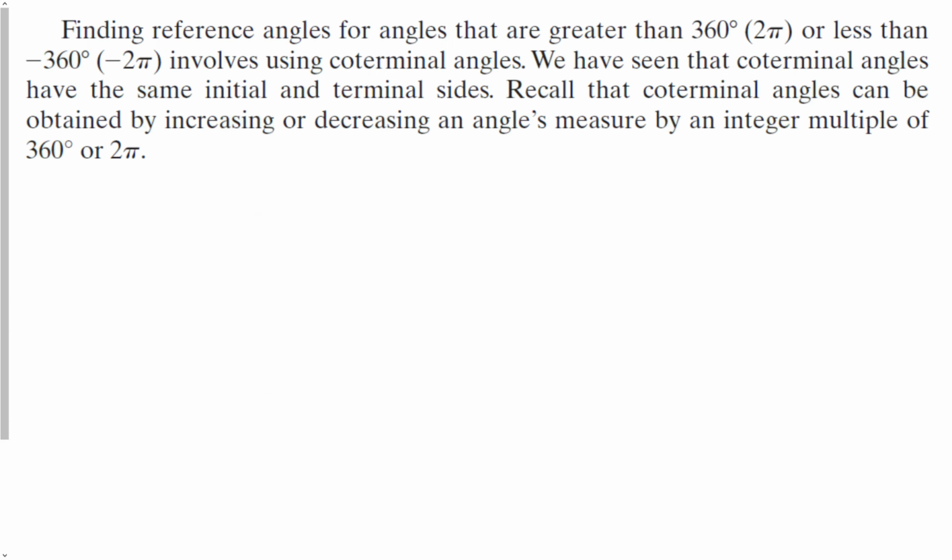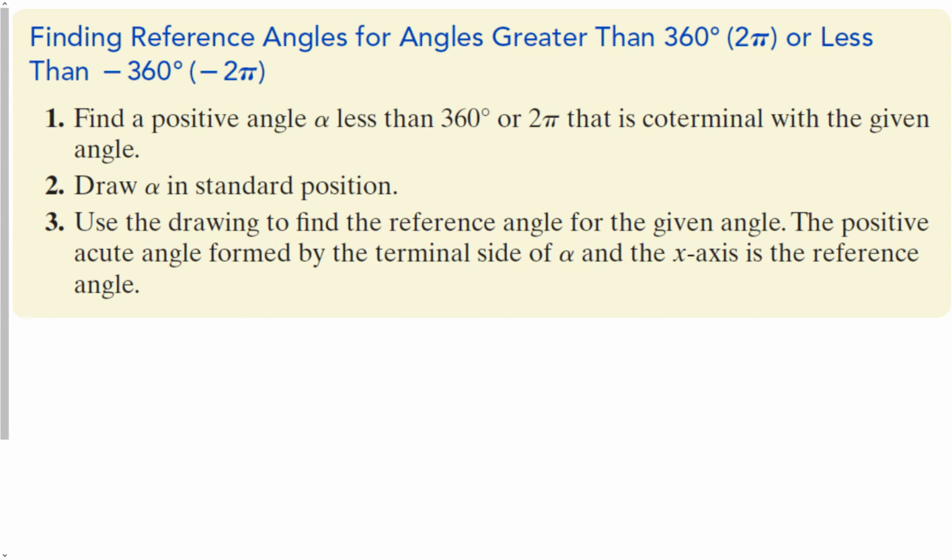To find reference angles for angles that are bigger than 360 or less than negative 360, if we're going the other way, involves finding the coterminal angle. Okay, so we've seen that coterminal angles have the same initial and terminal sides, and that coterminal angles can be attained by adding or subtracting 360 or 2 pi, depending if you are dealing with degrees or radians.